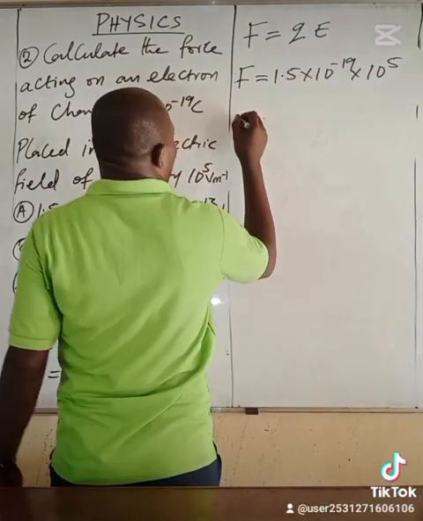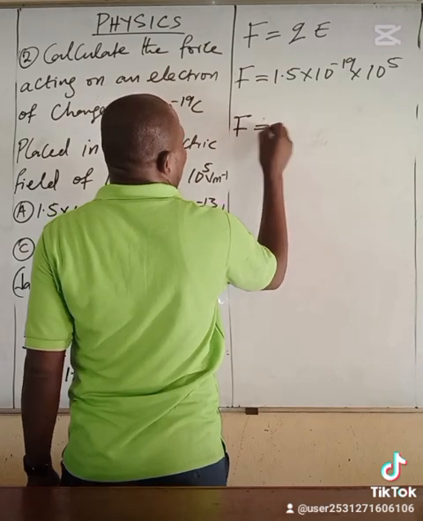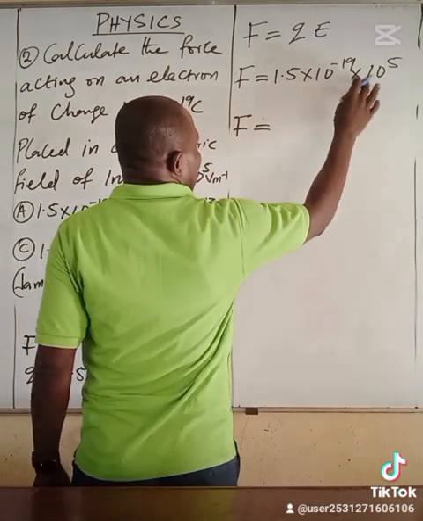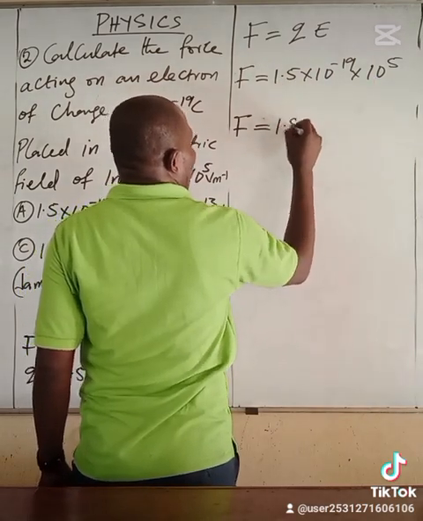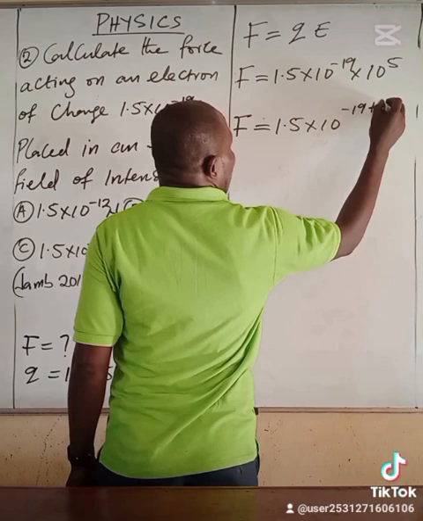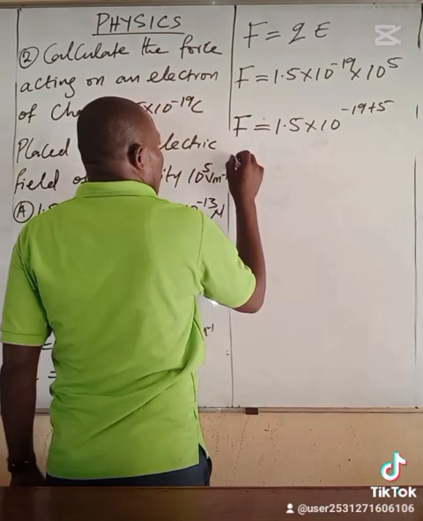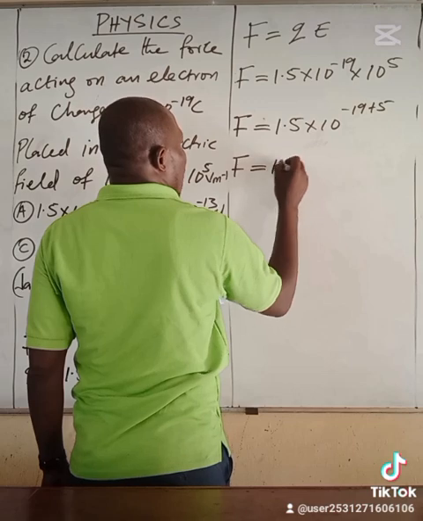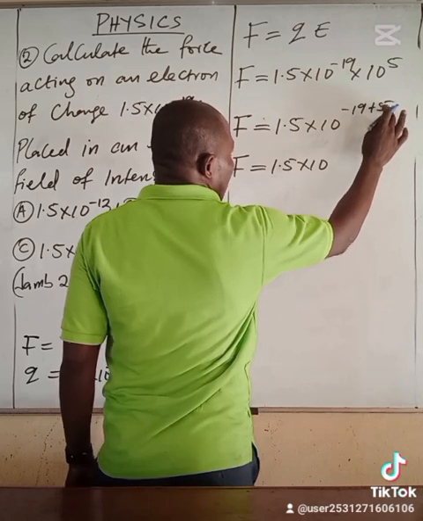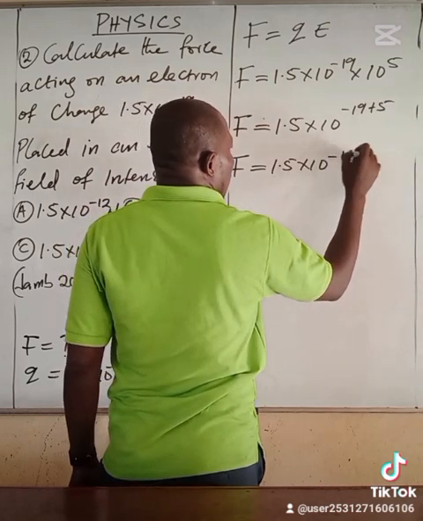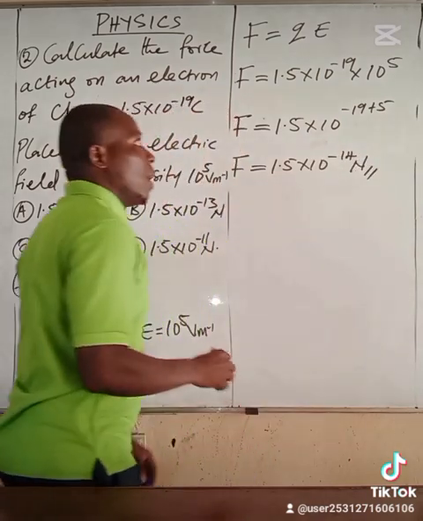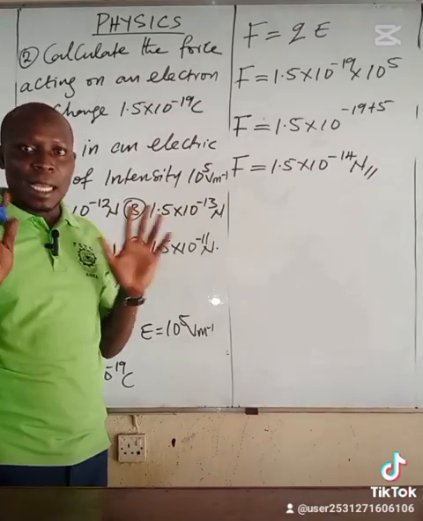So F becomes equal to 1.5, and since the bases are the same, we add the powers: 1.5 times 10 raised to the power minus 19 plus 5, which is going to give us minus 14. The unit is Newton, because we are talking about force. And it is as simple as that.